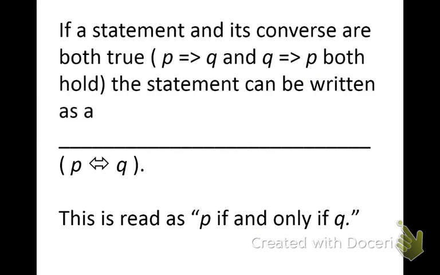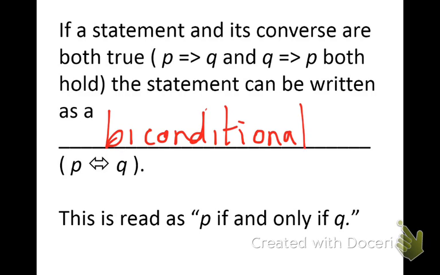If a statement and its converse are both true, so if we have if P then Q and if Q then P are both true, the statement can be written as what is called a biconditional. The symbol for biconditional is a P and a Q with an arrow pointing both ways in between them.